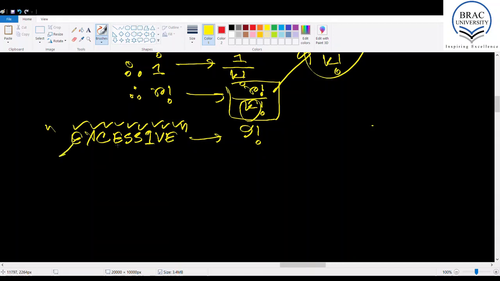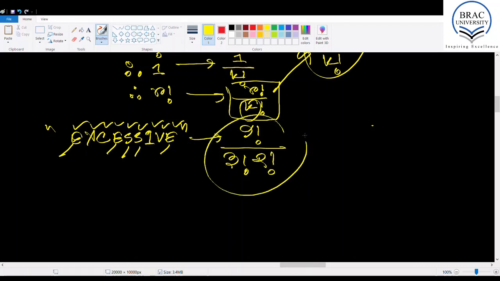And here we get that there are 3 e's. Since there are 3 e's, we'll divide 9 factorial by 3 factorial, and we can see here that there are 2 s's. So it means we'll have to divide it by 2 factorial. So the total number of permutations will be 9 factorial divided by 3 factorial times 2 factorial.